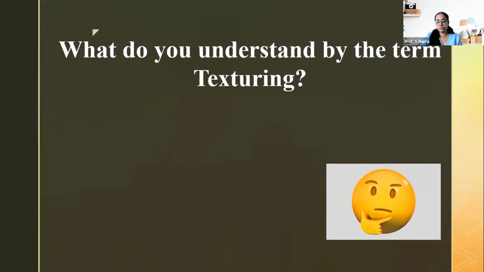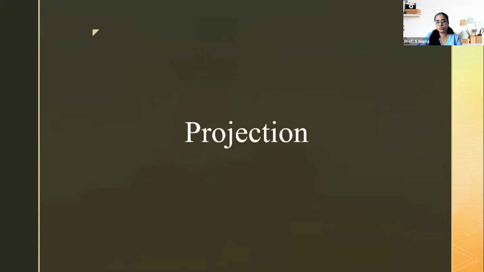If I can say, texturing is nothing but a projection. If I'm asking the question, what is texturing? The answer is nothing but projection. We project a map over that model or the mesh, we project some qualities of that material on the mesh.